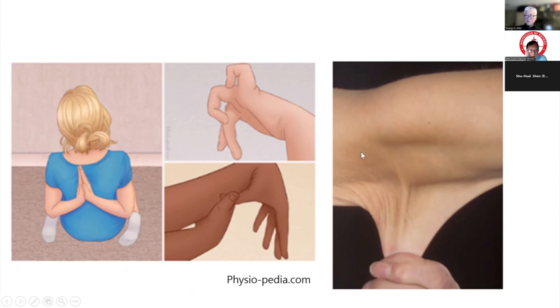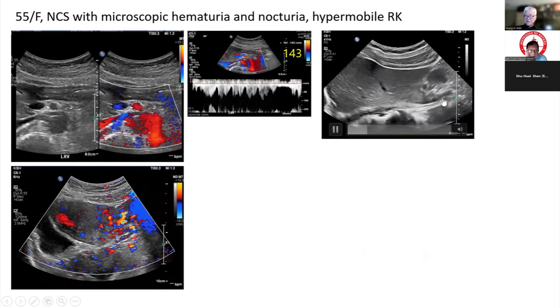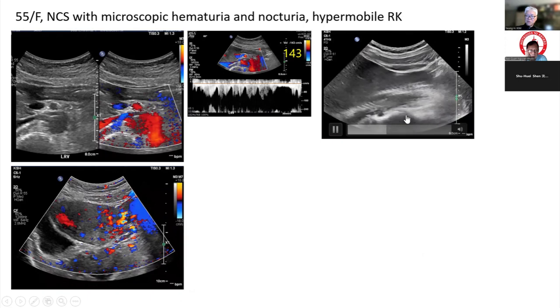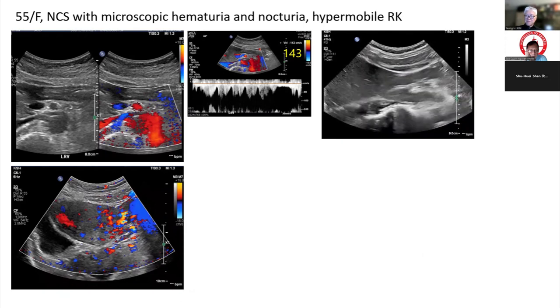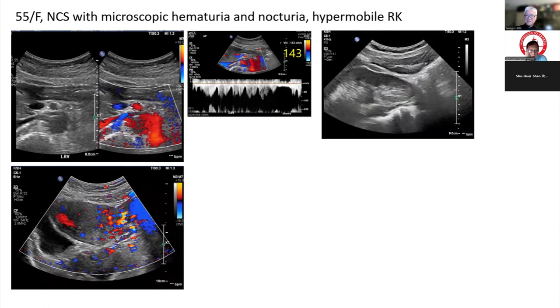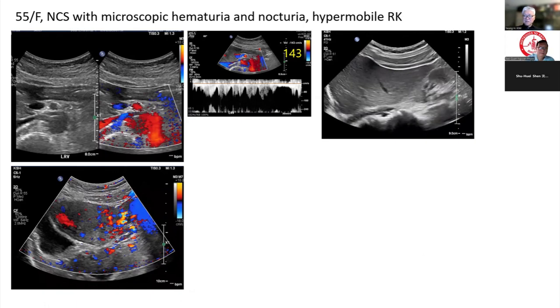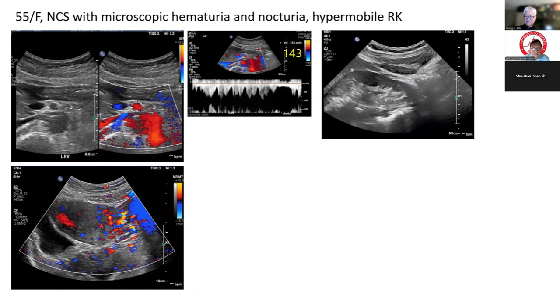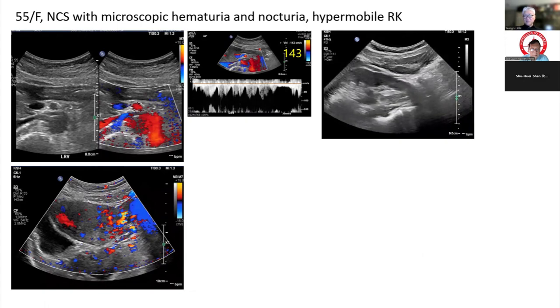So when I see this kind of hypermobile kidney, I ask the patient to hyperextend his or her fingers. I have not seen any confirmed case of Ehlers-Danlos syndrome in Korea, but maybe Ehlers-Danlos syndrome is also associated with Nutcracker syndrome.